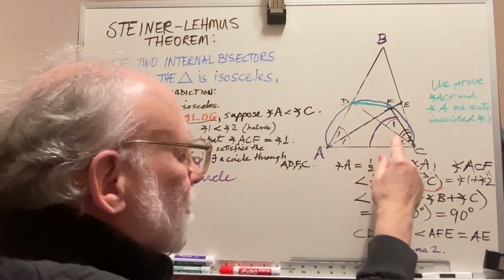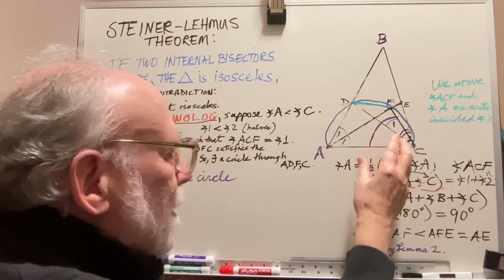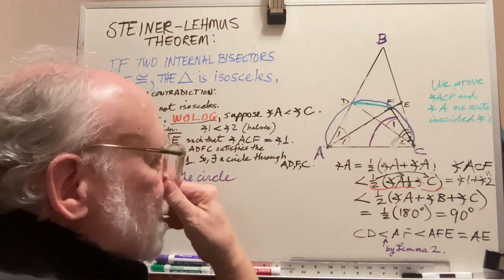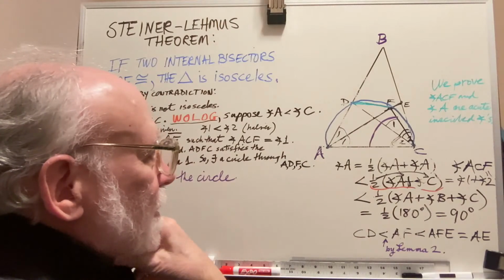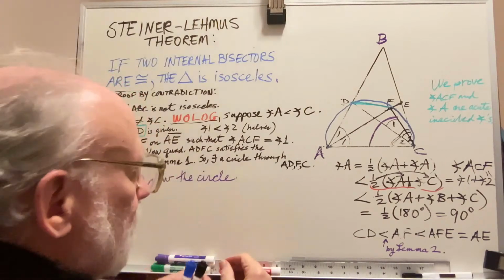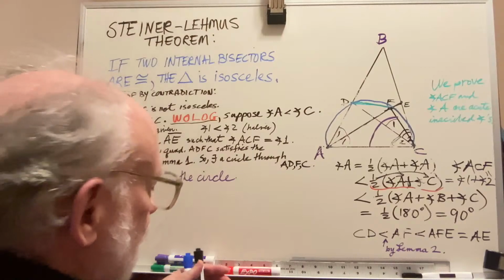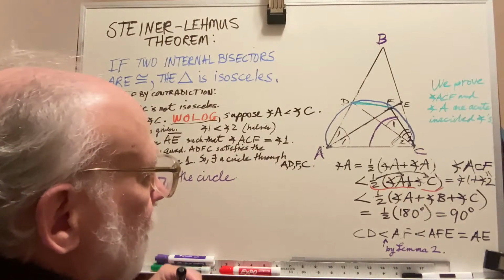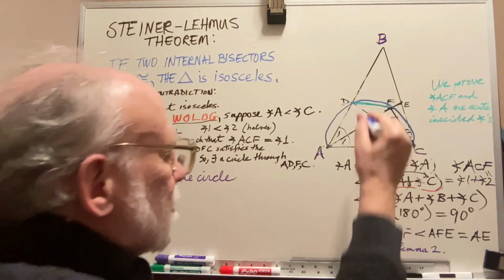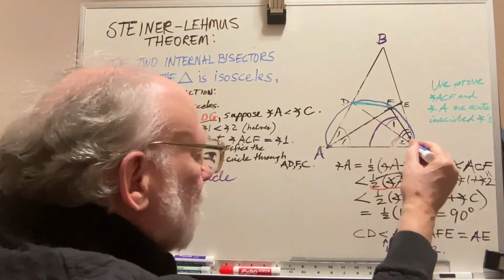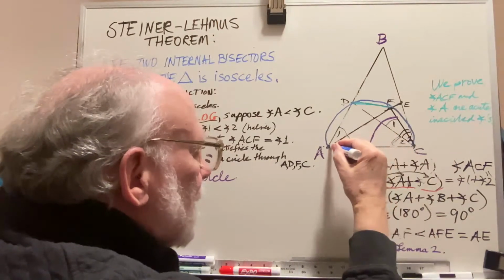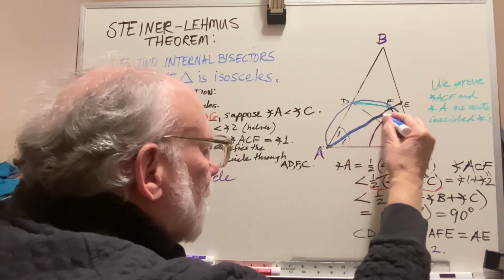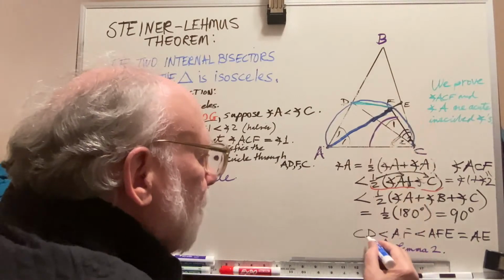So that means that the intercepted arcs, those are inscribed in the circle, have the same order of inequality, meaning that CD is less than AF.